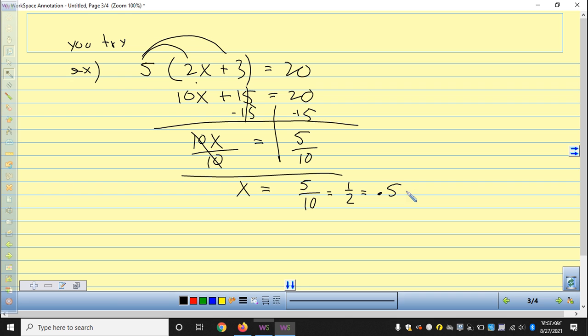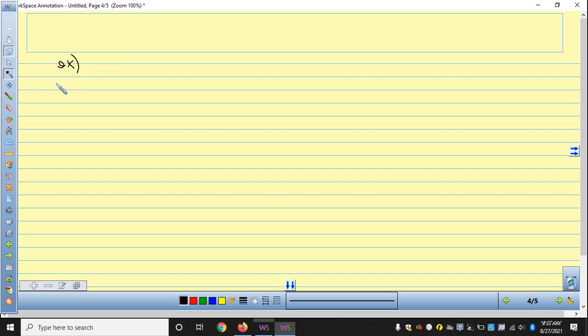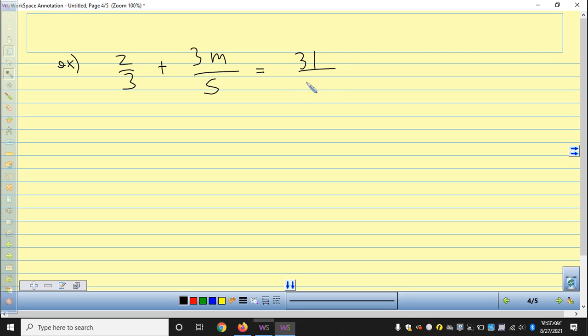All right, I want to show you one more example where we have to clear some fractions. And then I want to give you a little bit of time to work. All right, so this one we have fractions all over the place.